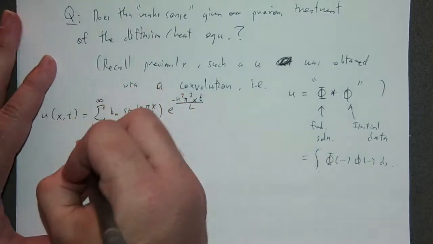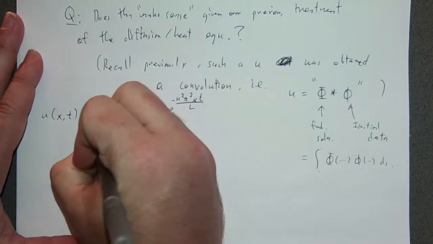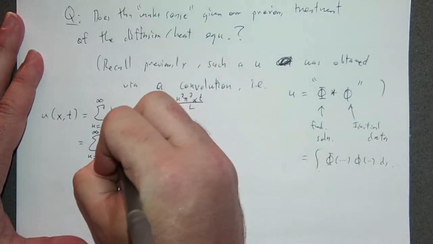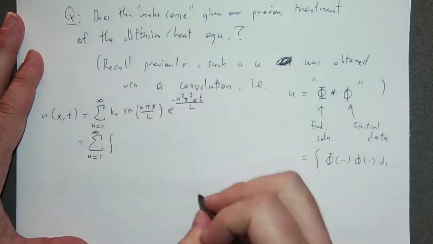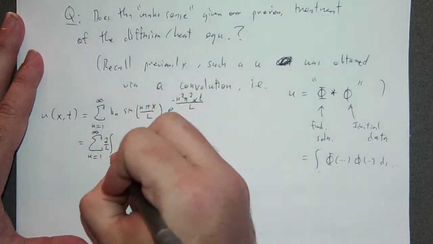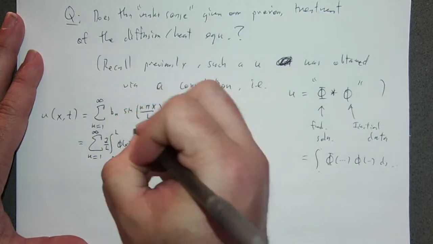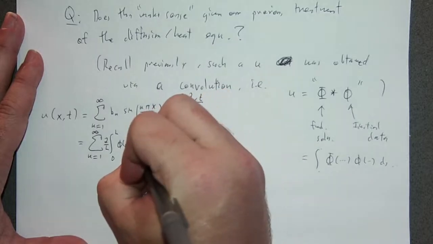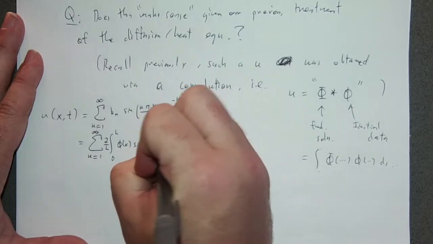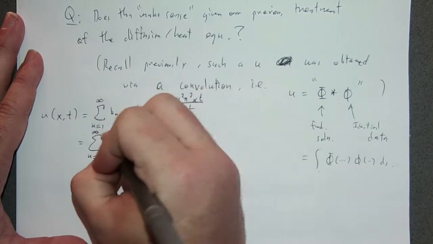So this is the sum from n equals 1 to infinity of 2 over L times the integral from 0 to L of phi of x sine of n pi x over L dx.